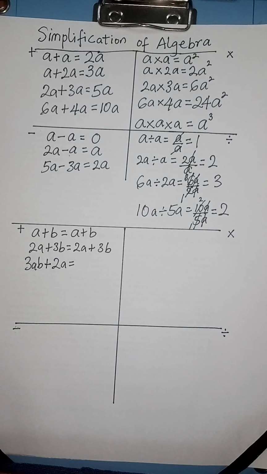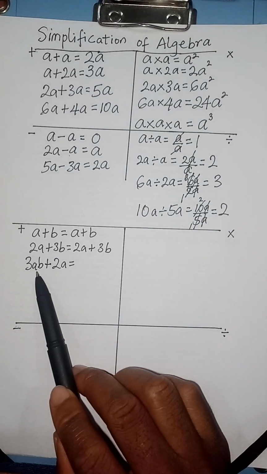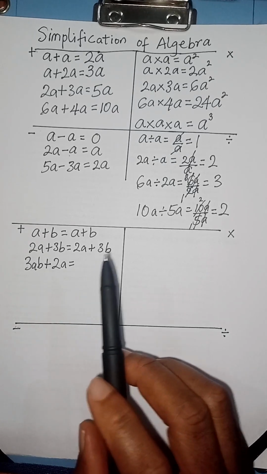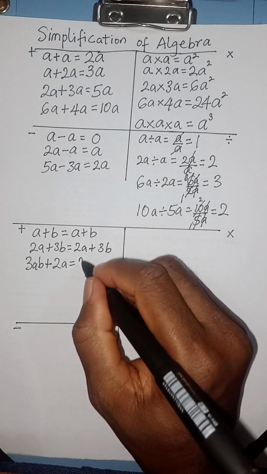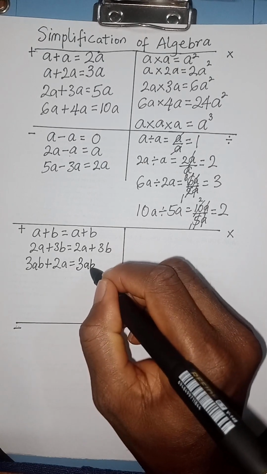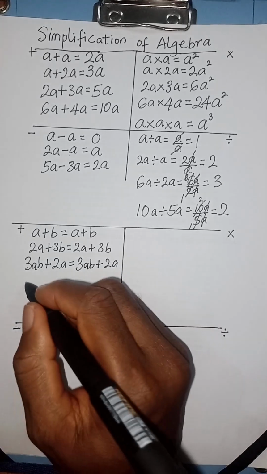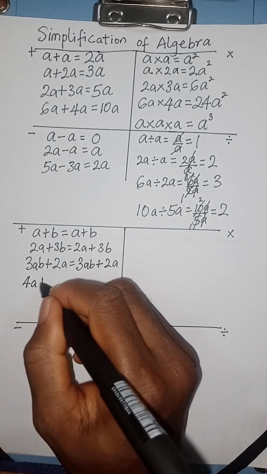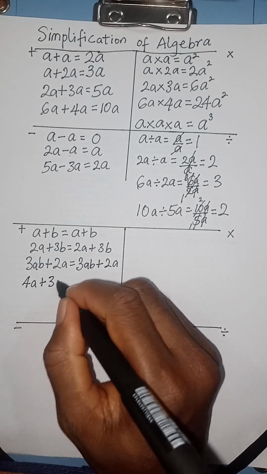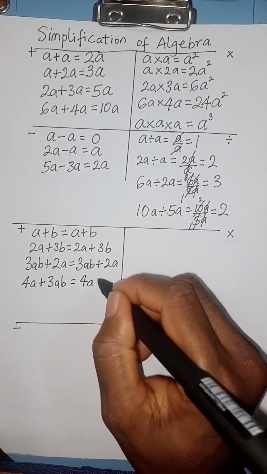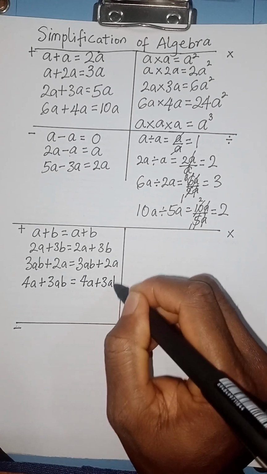Again, they are unlike terms because in the first term I have AB, in the second term I have A. They are not the same, so I cannot add them together. So I'm going to have 3AB plus 2A. If I have 4A plus 3AB, this will still remain 4A plus 3AB.